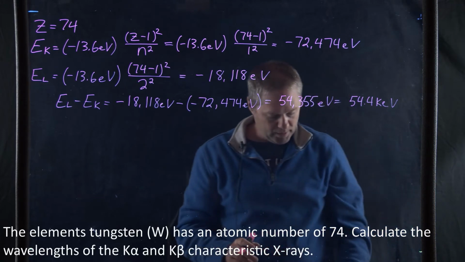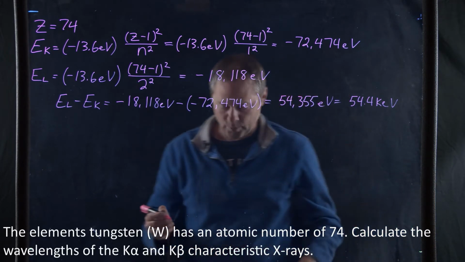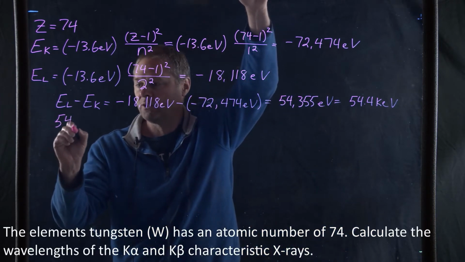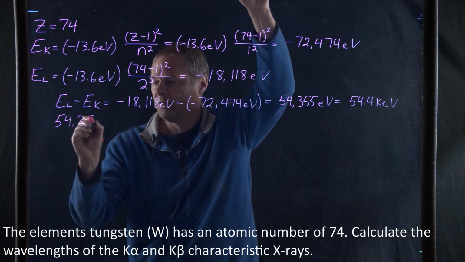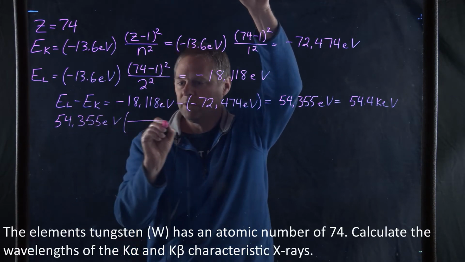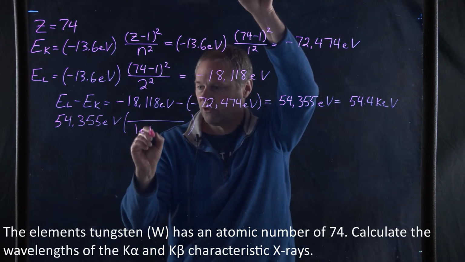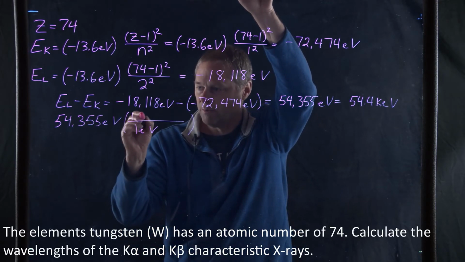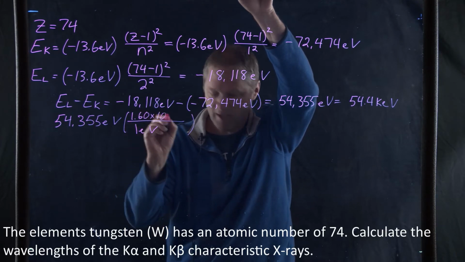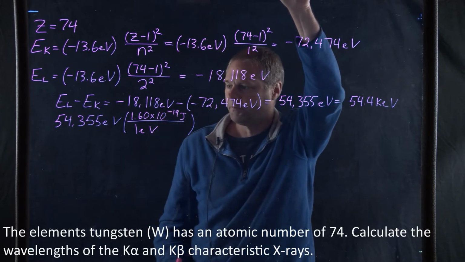Now, we want to convert this into joules, something we can manage a little bit better. So we take 54,355 electron volts, and for every 1 electron volt, that's equal to 1.60 times 10 to the negative 19th joule.